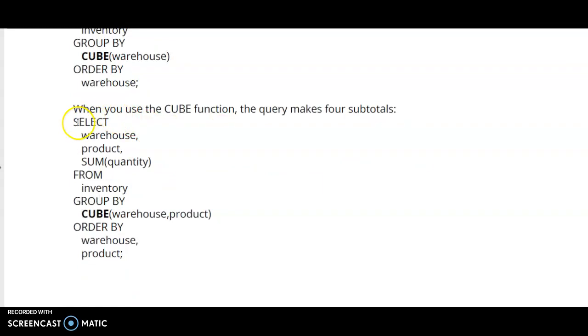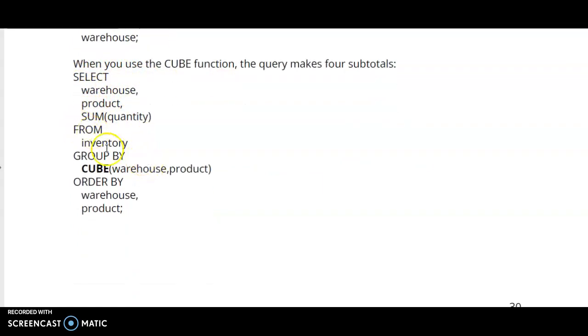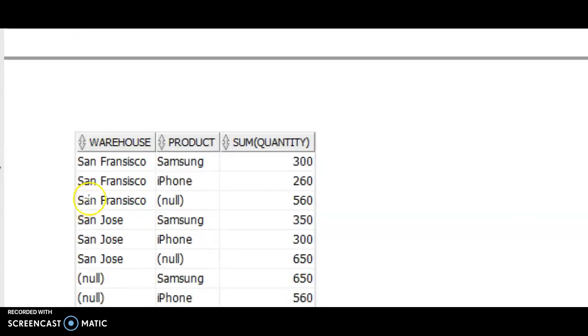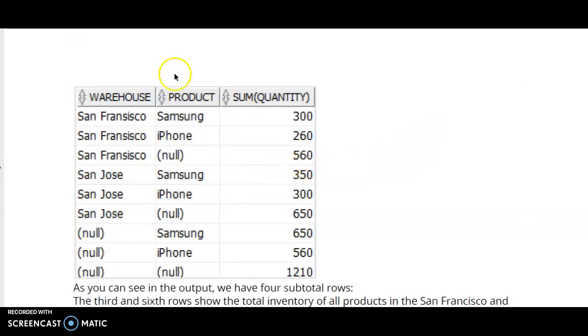Okay, we check the query: select warehouse, product, sum quantity from inventory group by cube warehouse and product order by warehouse and product. These are the output.